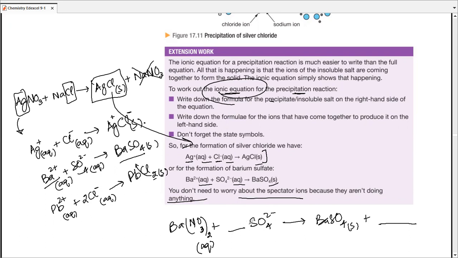Now, of course, we need a positive ion with the sulfate. Remember, it can either be sodium, all sodium compounds are soluble, or potassium compounds are soluble, or ammonium ones are soluble. Since ammonium can be a little bit difficult, don't pick that one; pick either sodium or potassium. If the two comes over here, this becomes sodium sulfate.